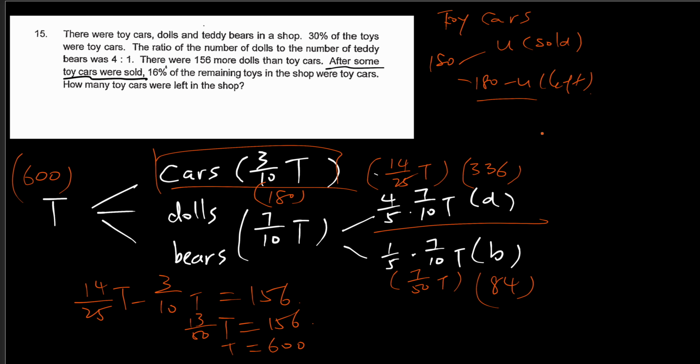Anything happen to the bears or not? No, right? So the total right now is the toy cars plus the doors, untouched because nothing happened to the doors. Then the bears, nothing happened, right? So this is the total now, right? And this times the 16%.